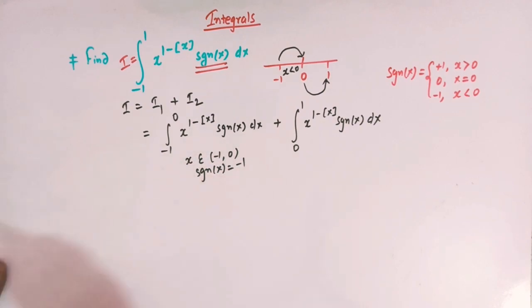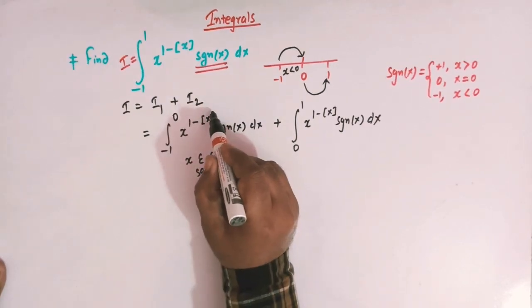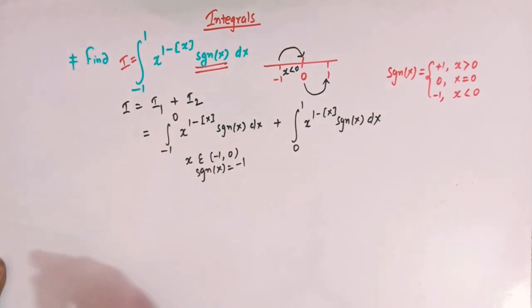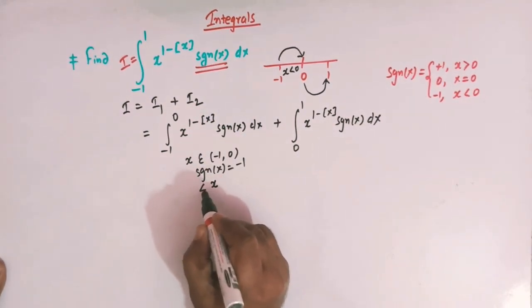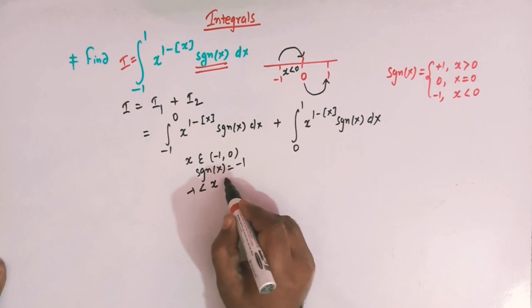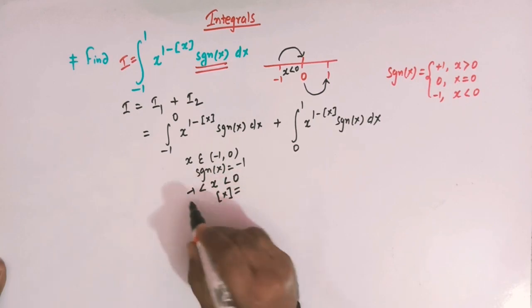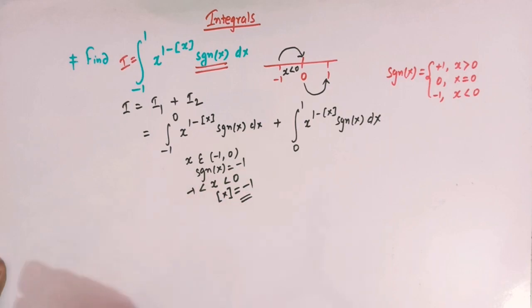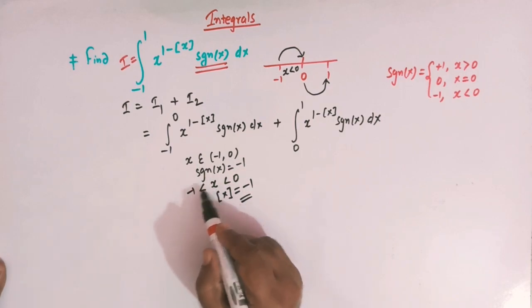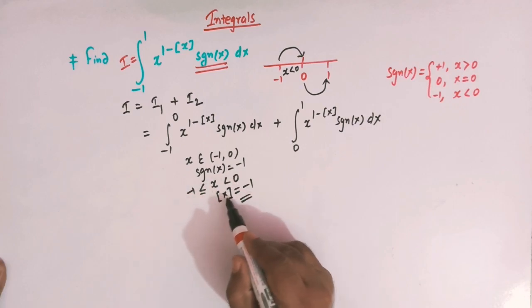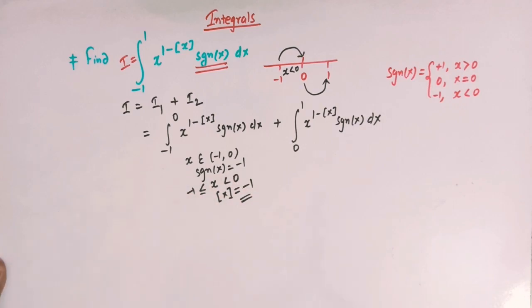Moreover, we have to take care of the greatest integer function. When x lies between -1 and 0, the value of greatest integer of x is -1.